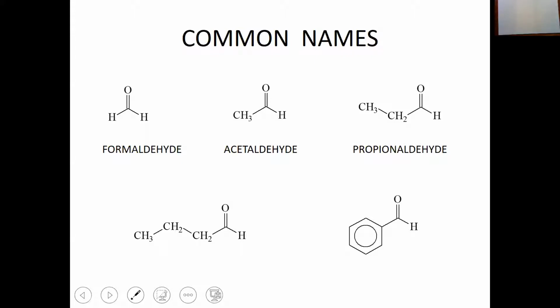Acetic acid was the 2-carbon carboxylic acid common name. Acetaldehyde and propionic acid, propionaldehyde. Continuing on with that pattern, this was butyric acid, it's butyraldehyde, and benzaldehyde is benzoic acid. So those carboxylic acid derivatives are really the root name of all of these aldehyde derivatives too, common names.